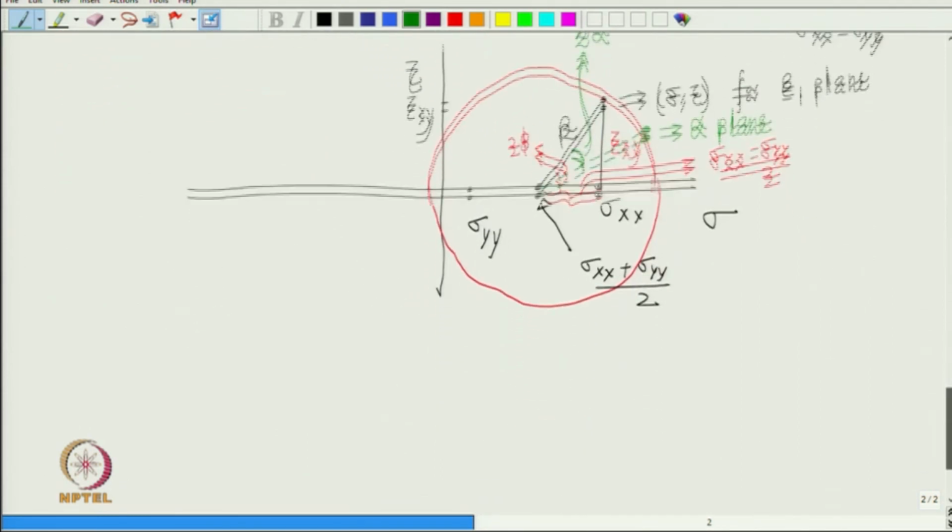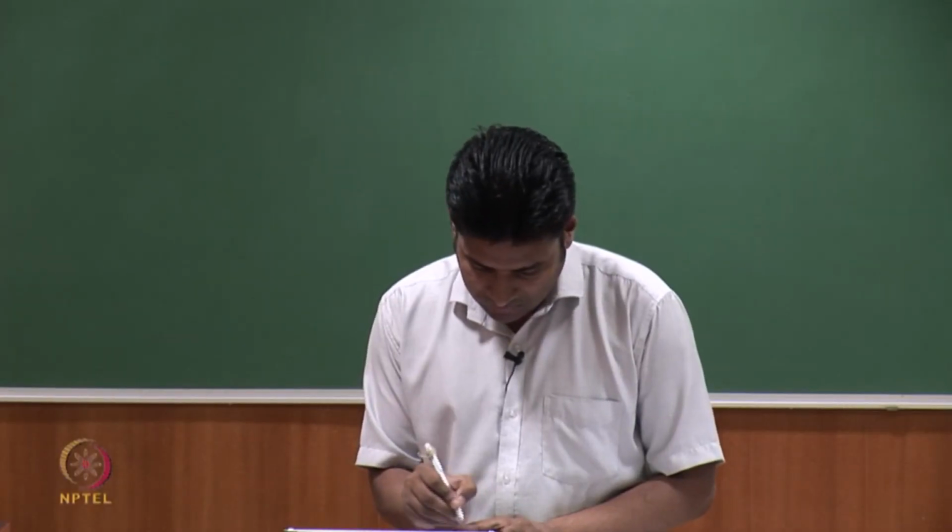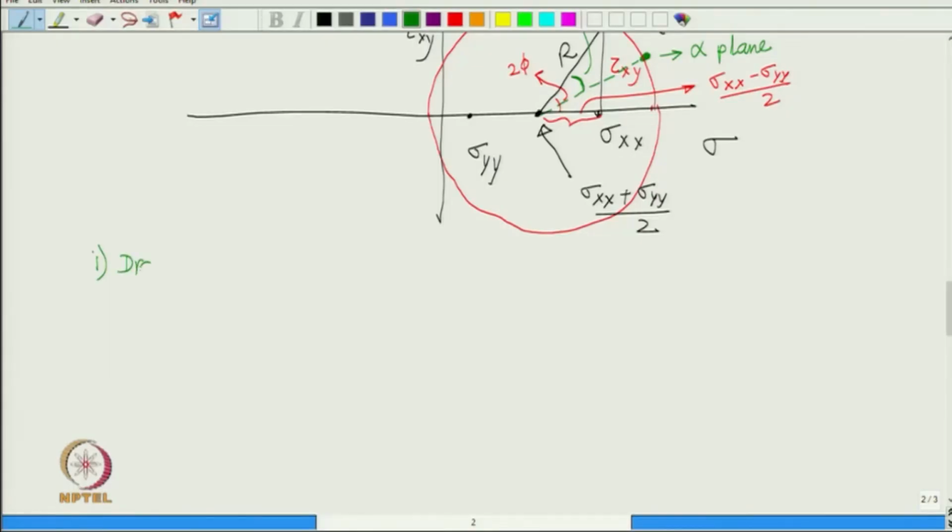So, the steps are very simple. The first step, number 1, draw the center of the circle at sigma x x plus sigma y y by 2, comma 0.